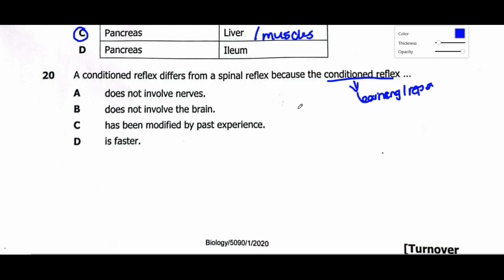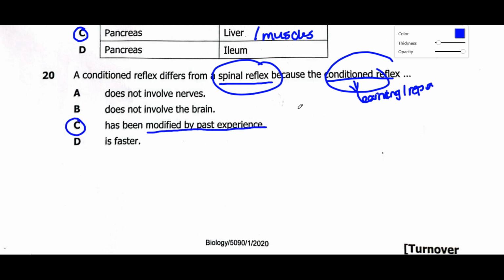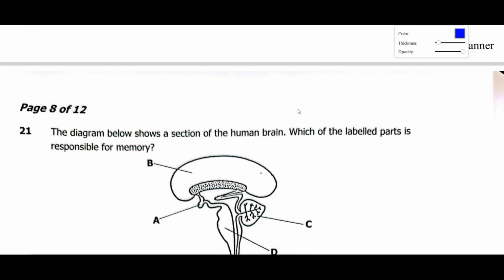Spinal reflexes happen without our consent. They are automatic. So the difference is that these are learned, but these are automatic and natural. So the answer is C, has been modified by past experience. Past experience has to do with learning. So we move on to question 21.